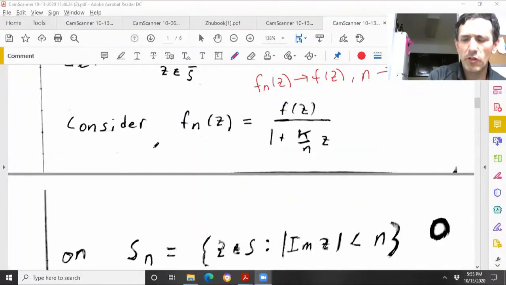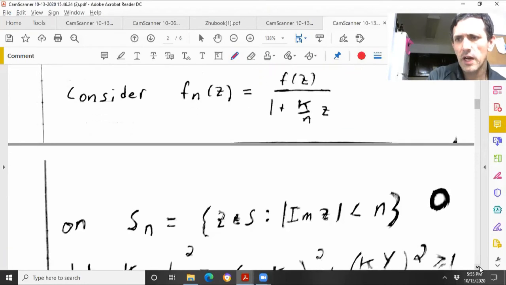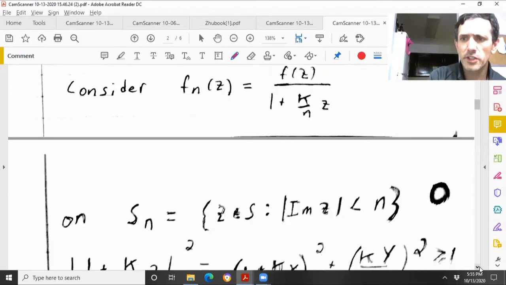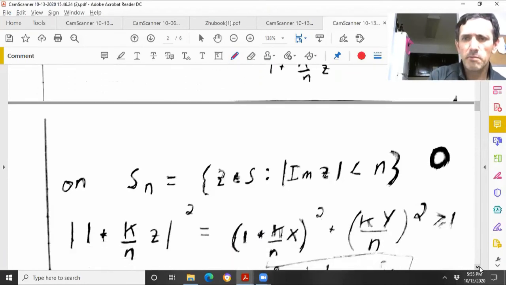the proof here. Okay, so first of all, Fn is holomorphic on Sn for each n. Why is that? Well, look at the denominator in modulus. On Sn, because we're in the strip, the real part of z is between 0 and 1.